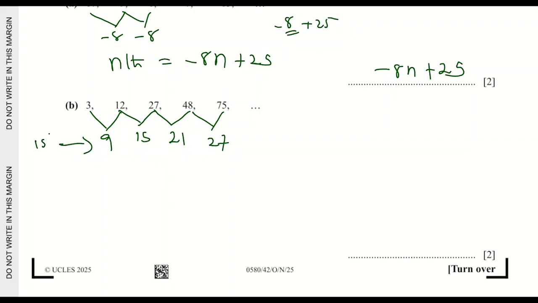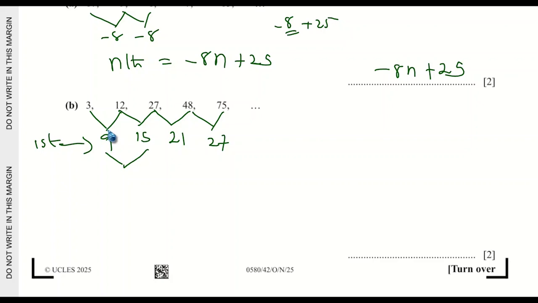This is the first difference. So let's find the second difference. Of course, it is not a geometric sequence. Probably it is a quadratic sequence.